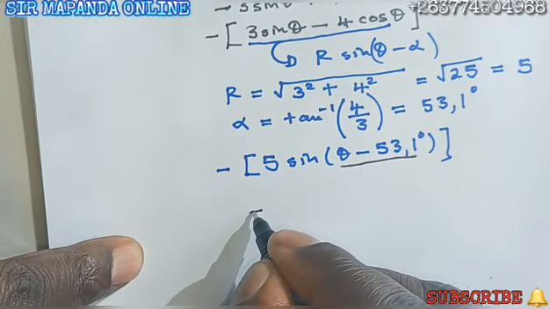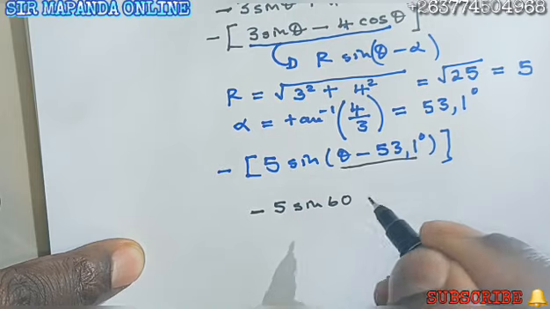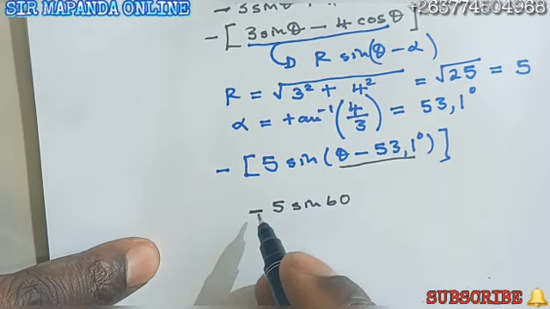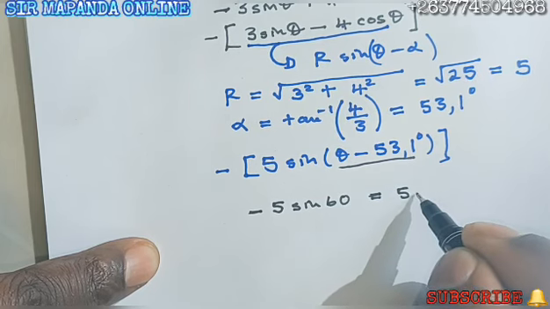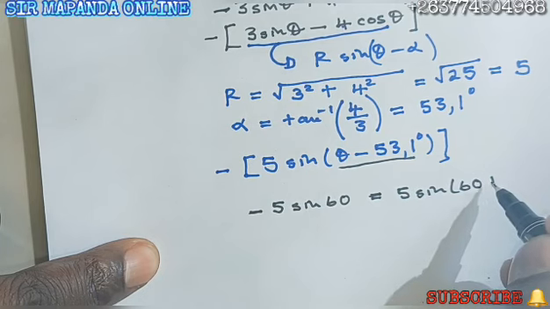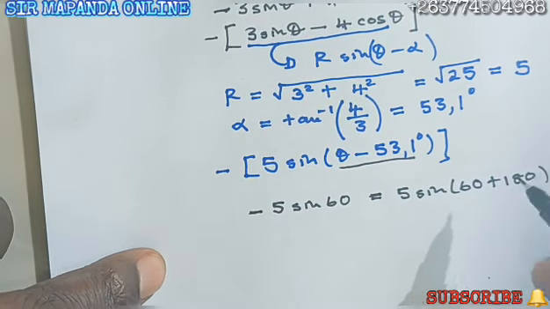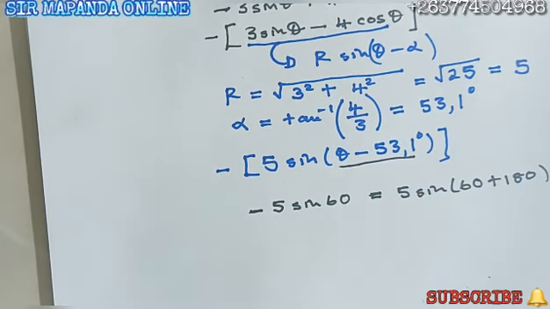If you have -5 sine 60 and you want to remove the negative sign, you simply add 180 to the angle 60. Then the negative sign disappears.